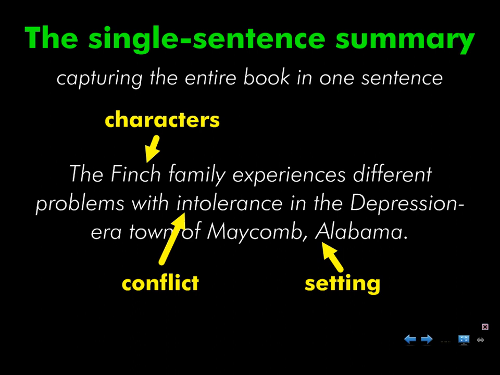I have my characters, I have my conflict, and I have my setting. My people, my problem, and my place. And now I have my focus for writing my summary.